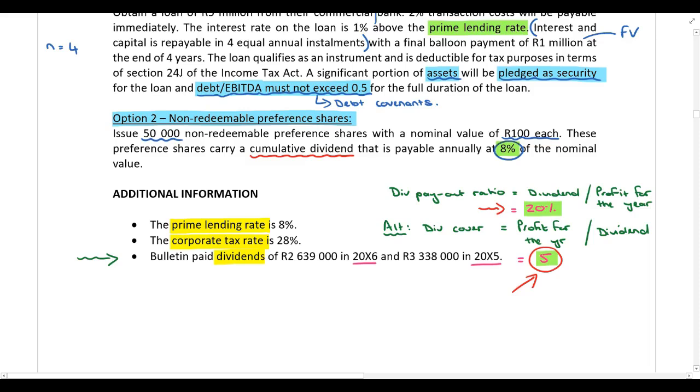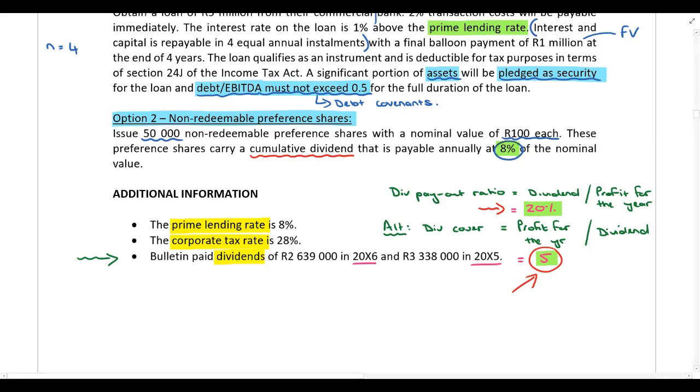Then another point that you can discuss, remember, accounting profits and cash flows are not the same thing. Accounting profits, or the statement of profit or loss and other comprehensive income, is prepared on the accrual basis, and it doesn't only take cash flows into account.